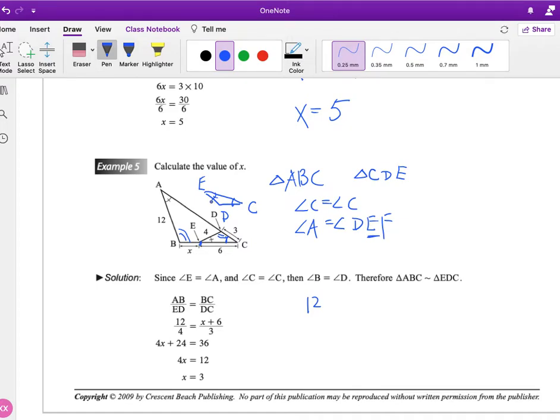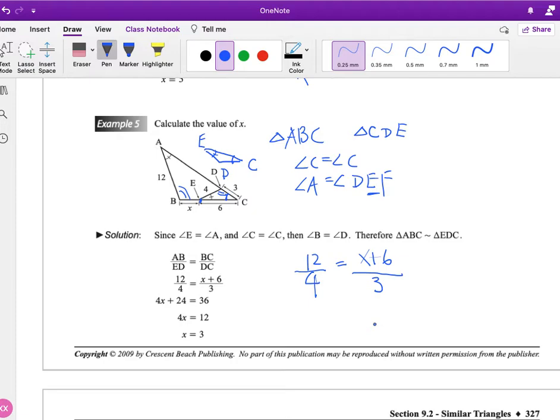This is DE, so that is over 4, equals this x plus 6, you see the BC is x plus 6, over the small one, which is the DC. Now how much is the DC? DC is 3. So then you can solve for your x, all right?